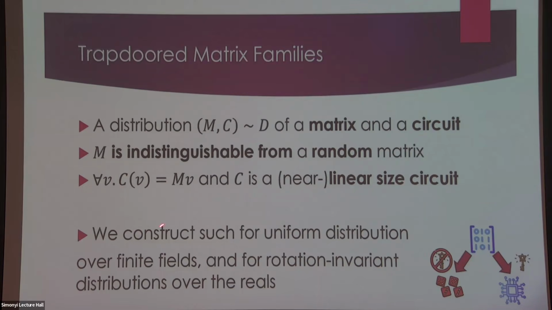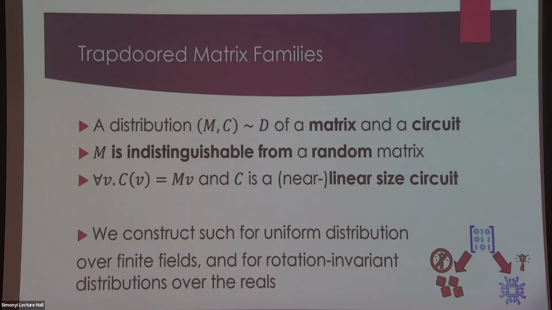Okay, good. So to try to fill the gaps, I also need to say what is a random matrix. So we show constructions for this that are uniform over finite fields, but also for distributions of matrices over the reals. So we can do this currently for any distribution that is rotation invariant.